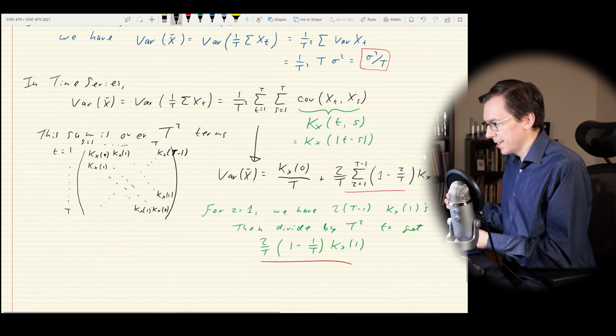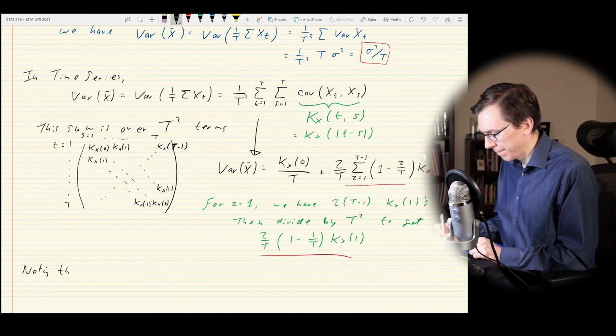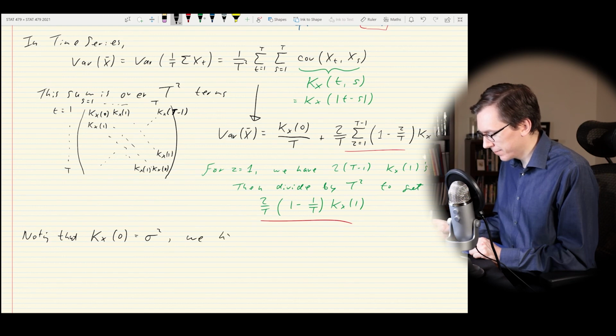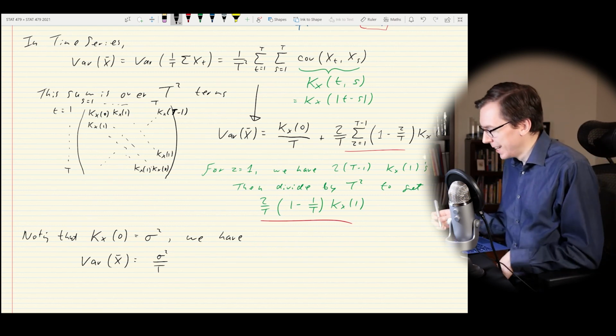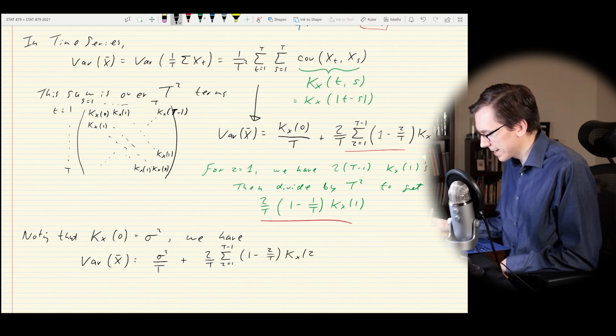But what we wanted to point out is that, noting that Kx0 is just the variance, sigma squared, the variance of x bar is going to be sigma squared divided by T, the same thing we would have got in Stats 101, but then we also have this other bit which is coming out of the lags: the sum from z equals 1 to T minus 1 of 1 minus z divided by T, times Kx z.